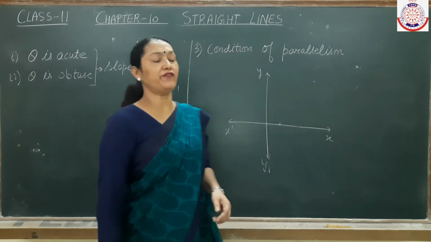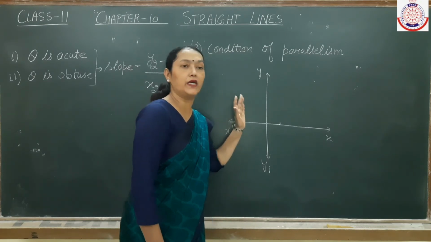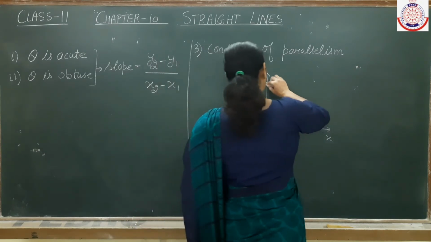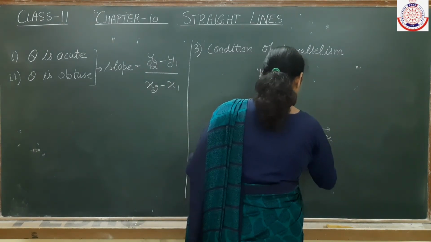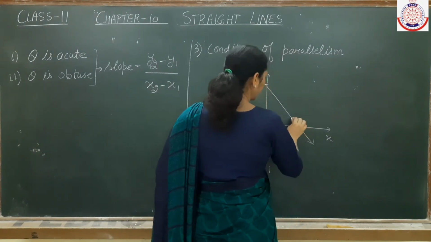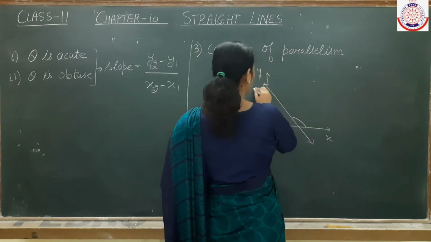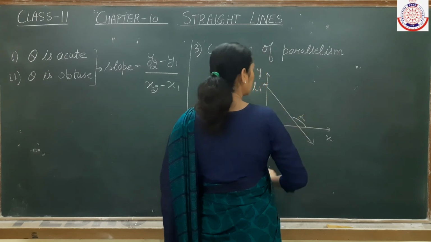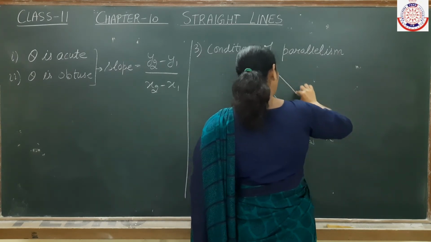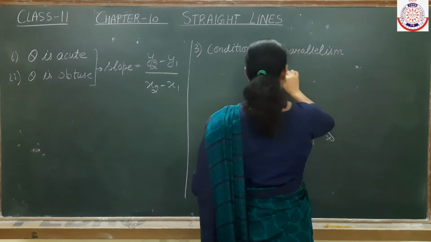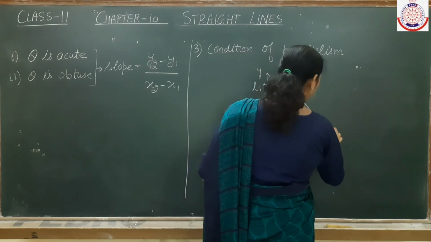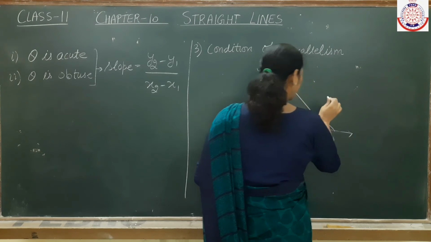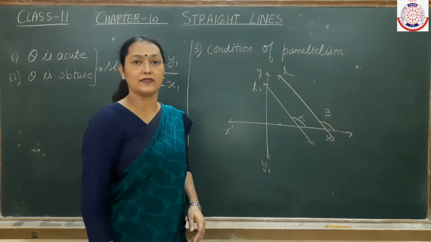Next case: if two parallel lines are given, the condition of parallelism. When do we say two lines are parallel? Suppose we have one line L1 making angle alpha with the x-axis and one more line L2 making angle beta with the x-axis.